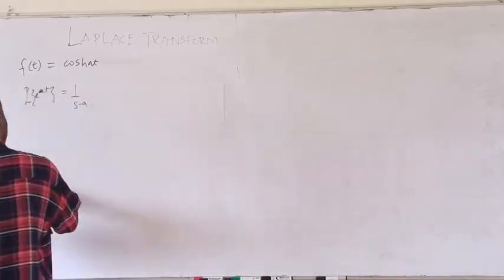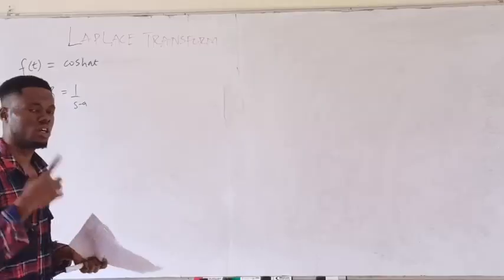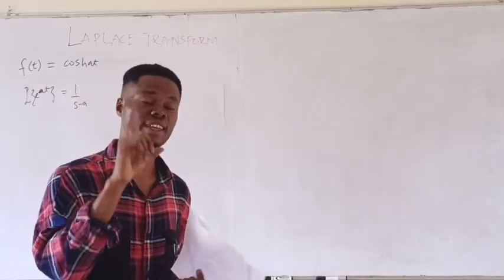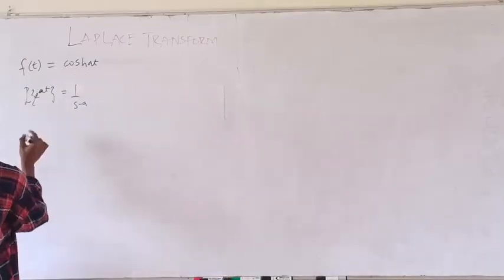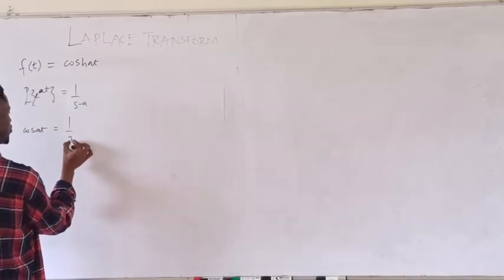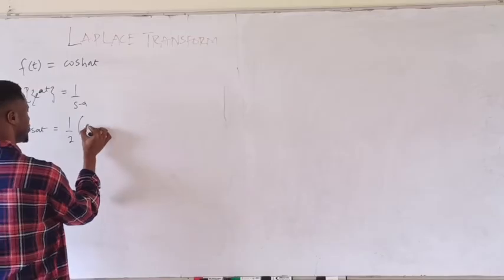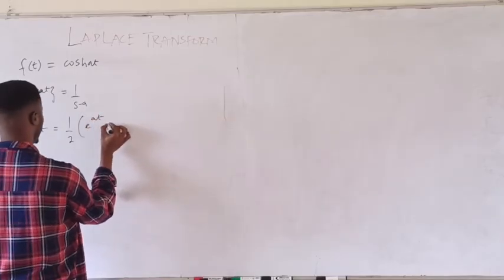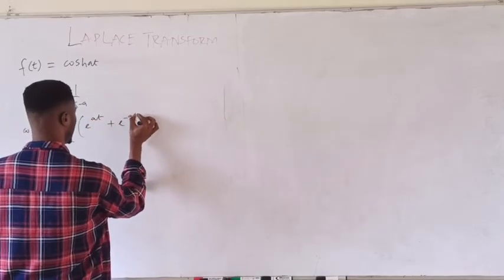From the definition of this hyperbolic function, cosh at is equal to 1 over 2 into exponential of at plus exponential of minus at.